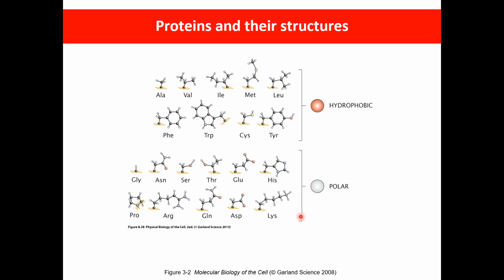Hydrophobic ones would not like to be in contact with water, and polar ones would like to be in touch with water. So for me, there are only two different types of amino acids, hydrophobic and polar.